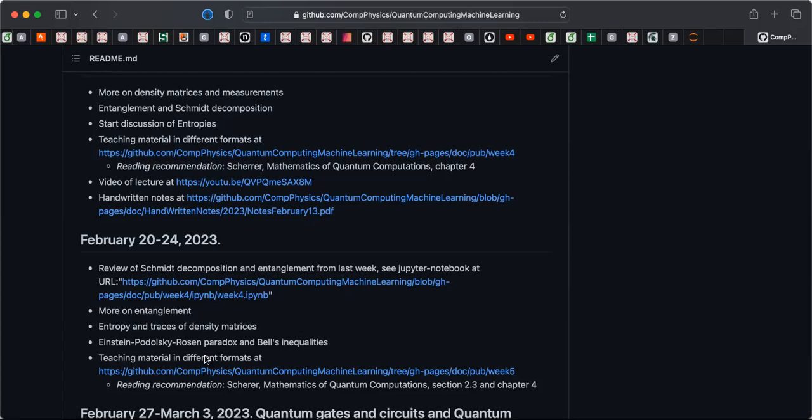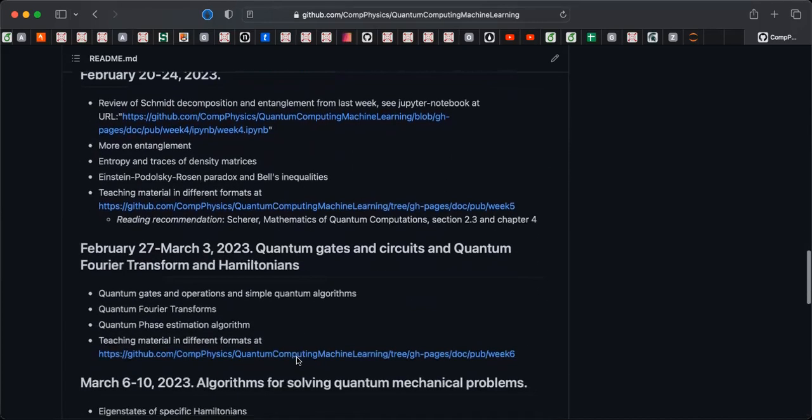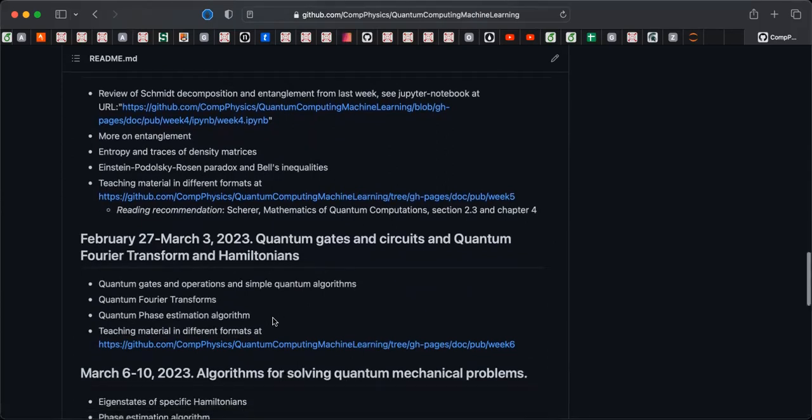If we get some time, we will look at these Einstein, Podolsky, Rosen, and Bell's inequalities, but we may skip that topic. Next week, on the other hand, after all these preliminaries, because what we basically have done now is to go through some basic definitions of quantities, we are going to look at some simple quantum algorithms and also at the quantum Fourier transforms. And if we get time, we will start looking at the algorithms for finding the eigenvalues of a quantum mechanical system.